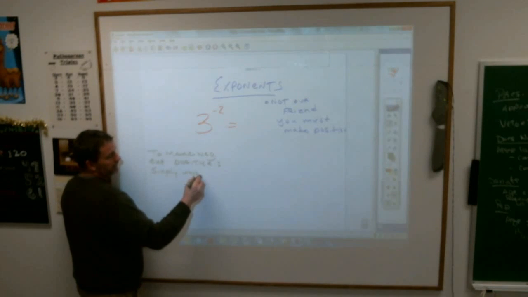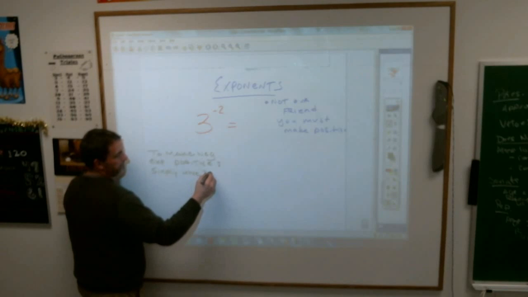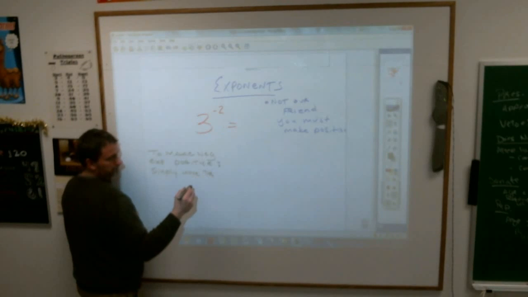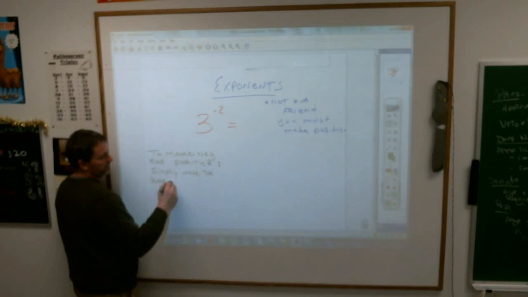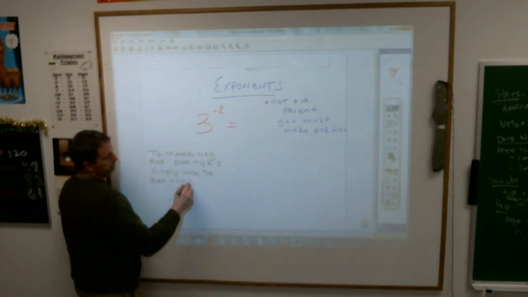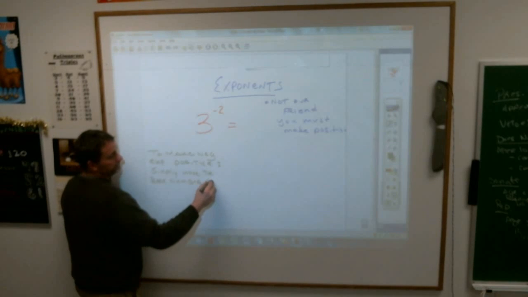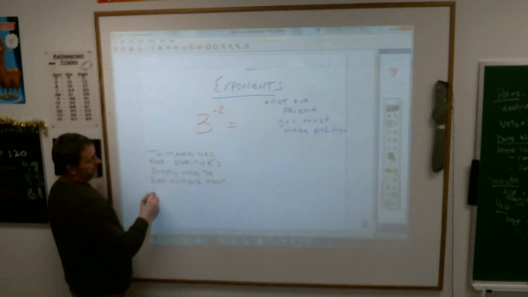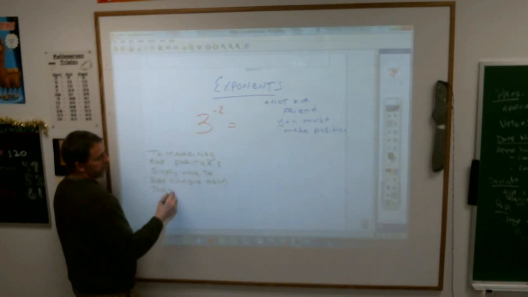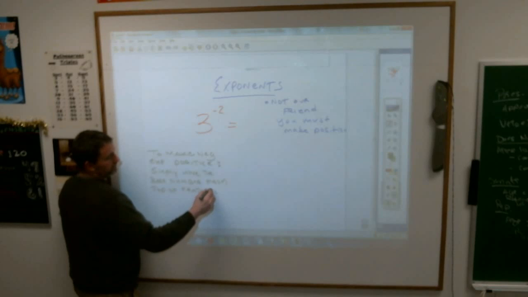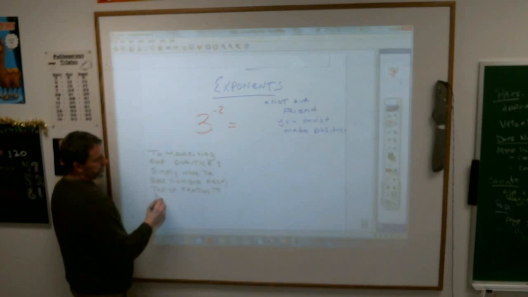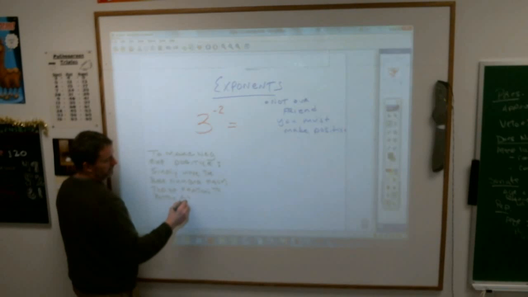move the base number from the top of the fraction to the bottom, and by the way, I'm going to put "or vice versa" on here.